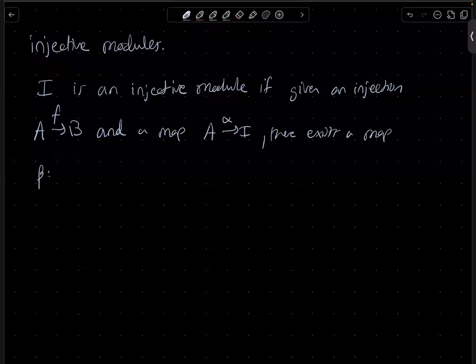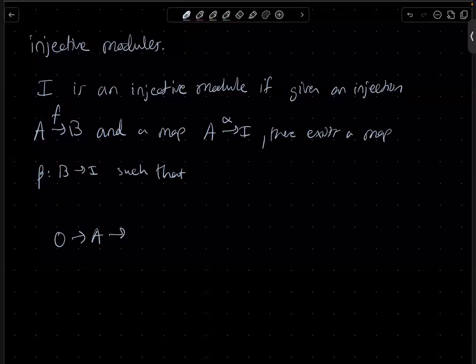beta going from B to I such that, the picture that I'm going to draw is very similar to the one for projective modules, but flipped around. So 0, A, B. This map is F. Then out of A and into I is alpha.